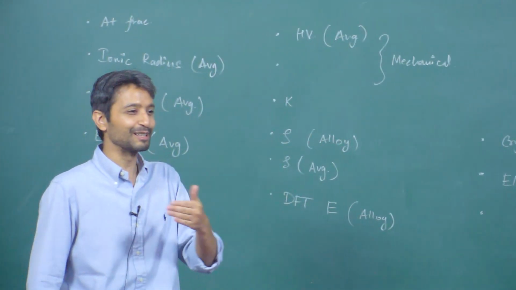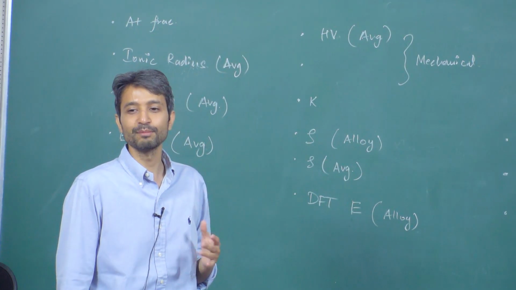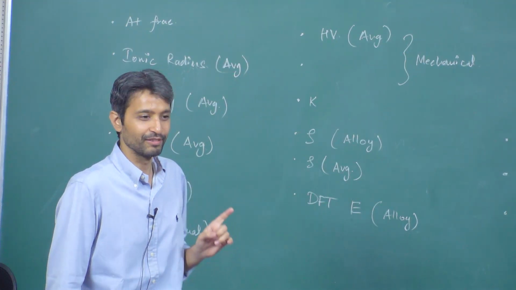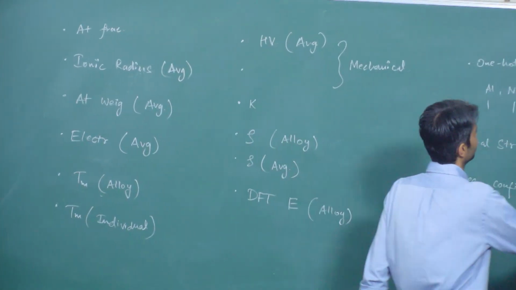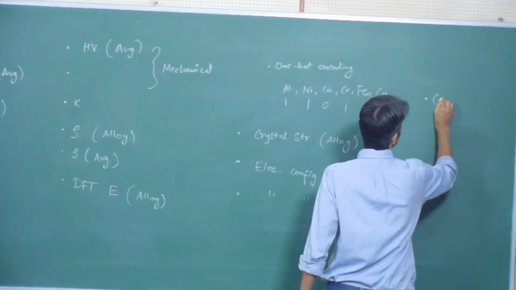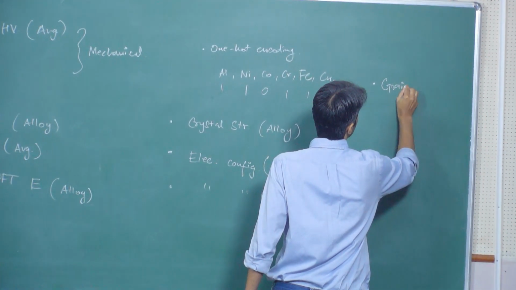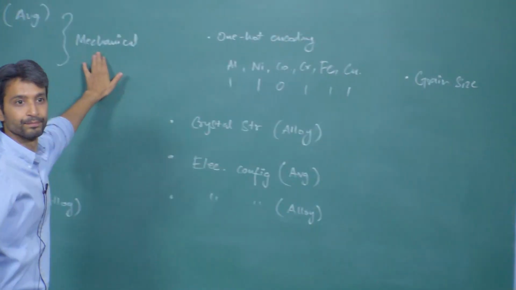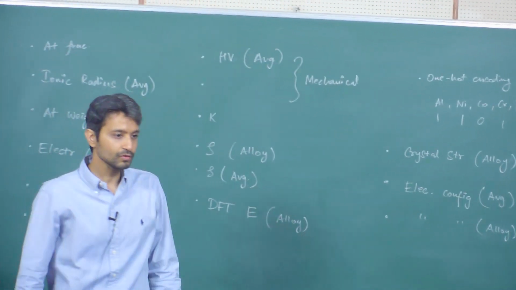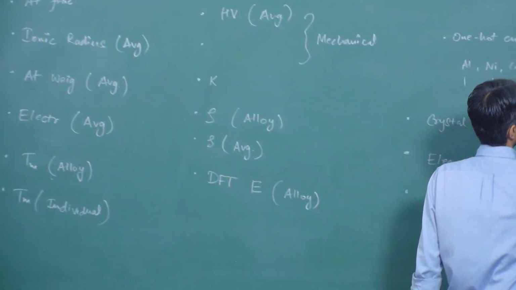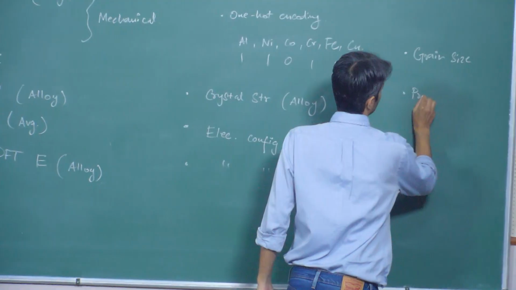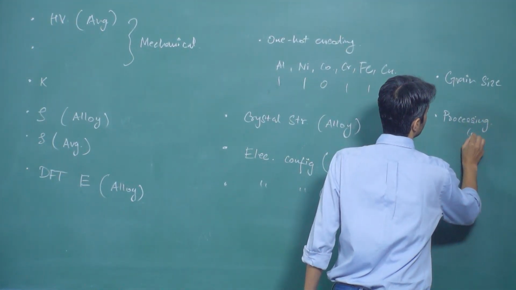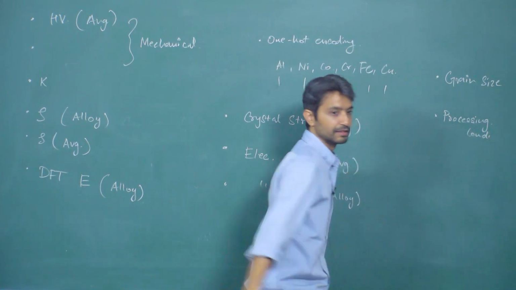Okay. Now let me give a little bit of direction. You have to think like a metallurgist. Okay, very good. Grain size first. I think that is covered here. Processing conditions, so basically say heat treatment and things like that.